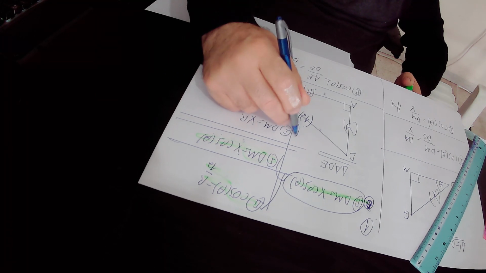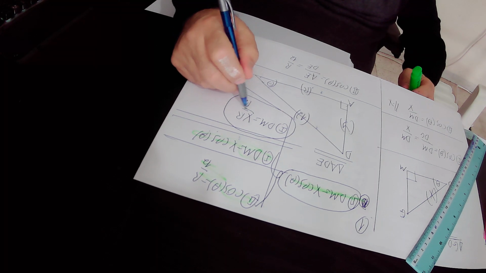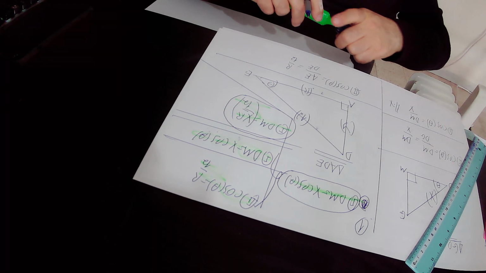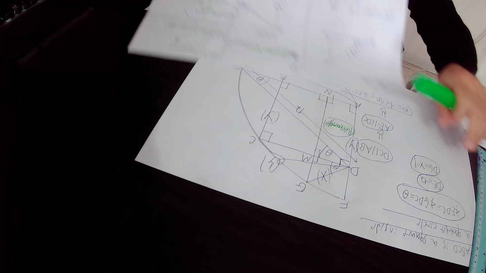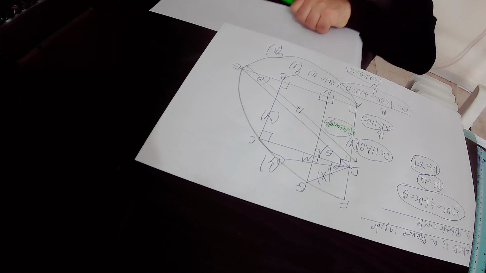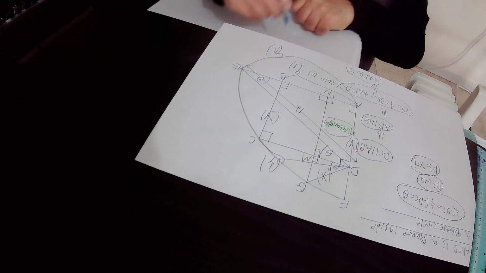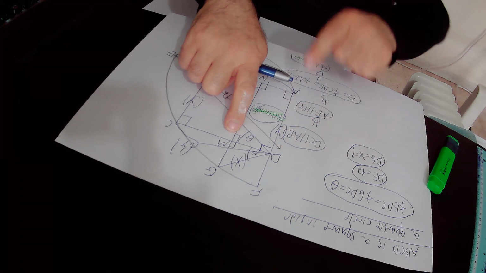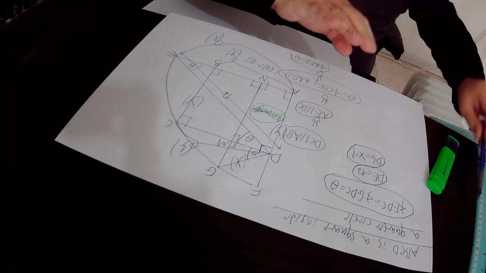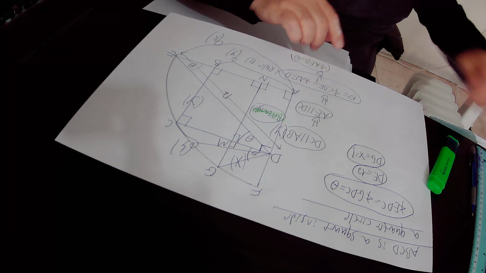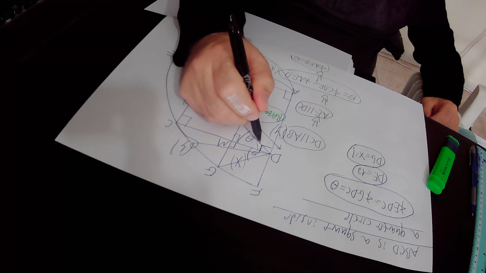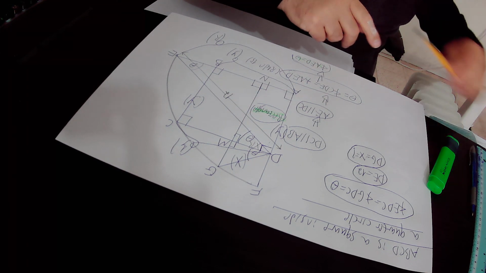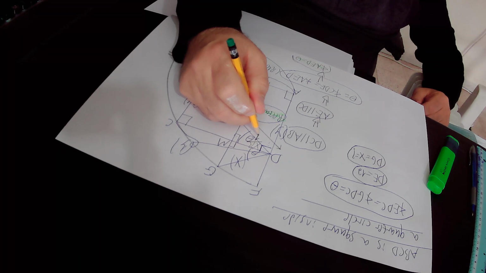So in total, we found that DM equals xR over 12.